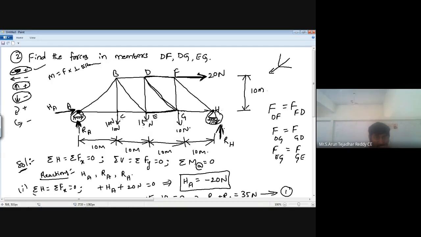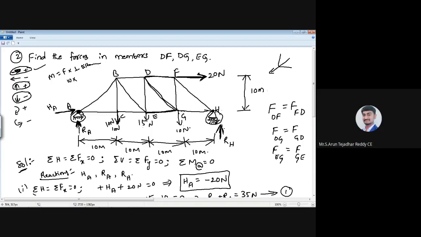See, the first force is 10 Newton. Is it moving clockwise or anti-clockwise? Moment about A from C to A is clockwise.